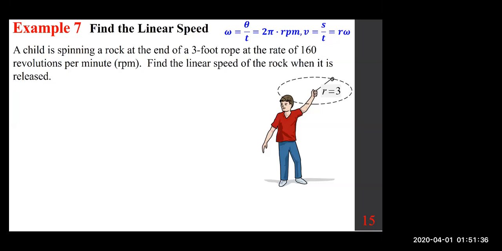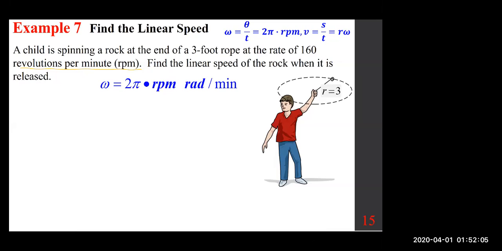Angular velocity, if RPM is given, is 2 pi times that. And we know RPM is 160. So omega is 2 pi times RPM, revolutions per minute.